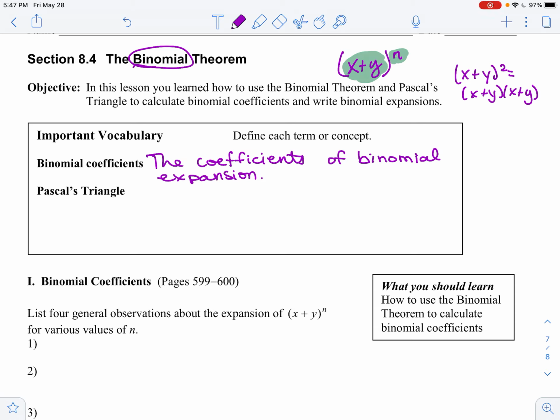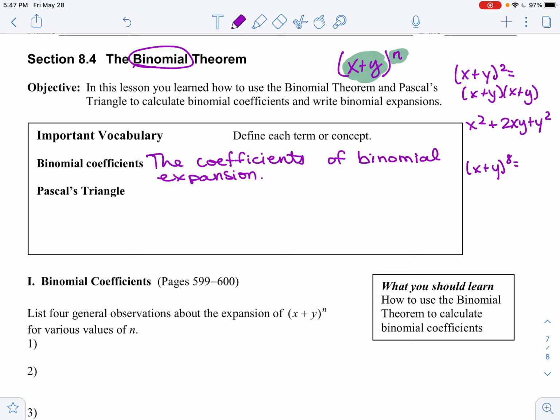And before we used FOIL, which would give us x squared plus xy plus xy, which would be giving me 2xy plus y squared. But what if you were doing x plus y to the 8th? I'd have to multiply and FOIL it out 8 times, and that'd be so complex, and that's what the binomial theorem is going to do for us.